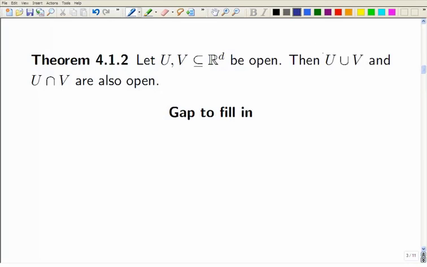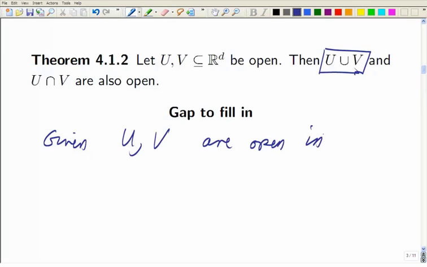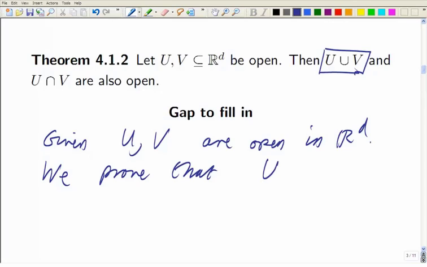So you're given U and V are open subsets of R to the D. We prove that U union V is open by proving it's equal to its interior.